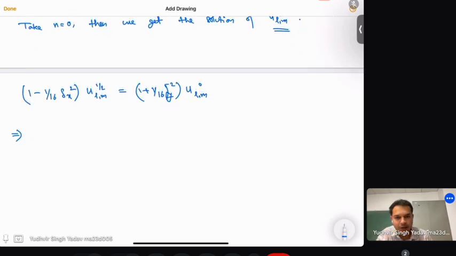So if we expand these terms, that we have represented the central second order difference scheme by δx² and δy².